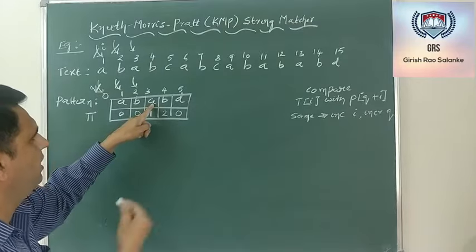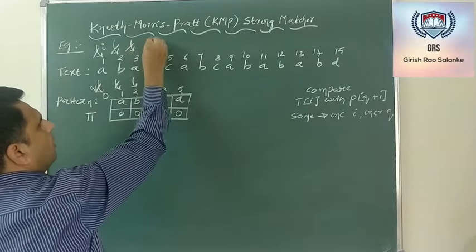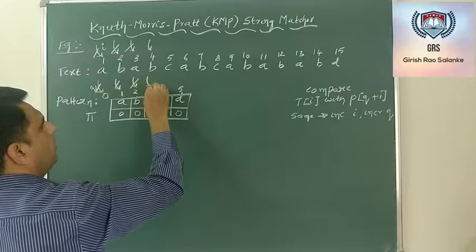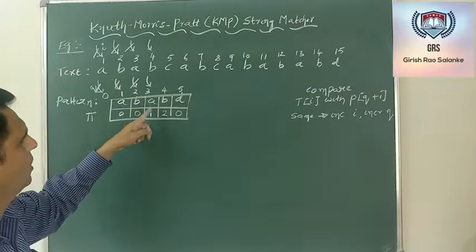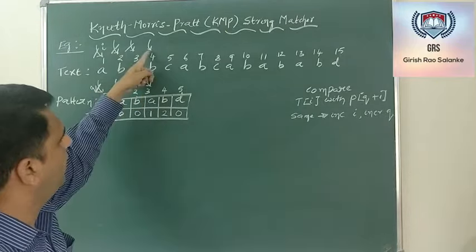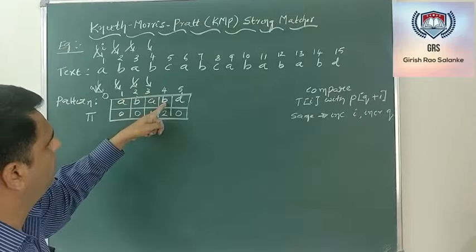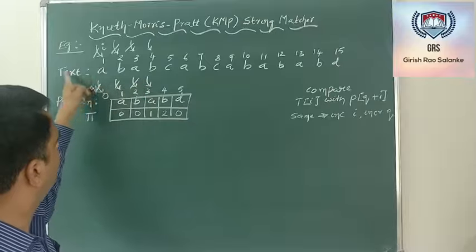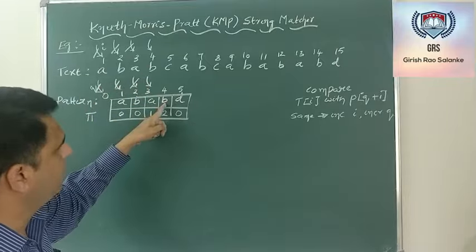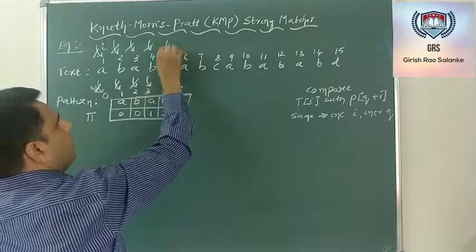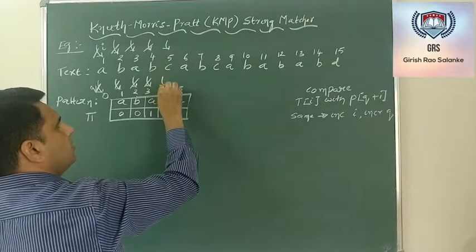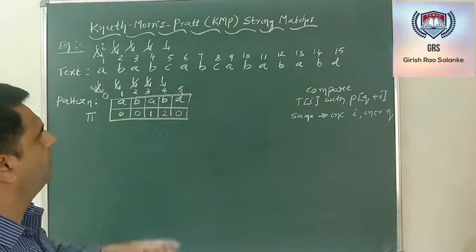This is also A. Increment I as well as increment Q. Now compare T of I, B, and P of Q plus 1, B. Both are the same. Increment I and increment Q. Now compare C with D.